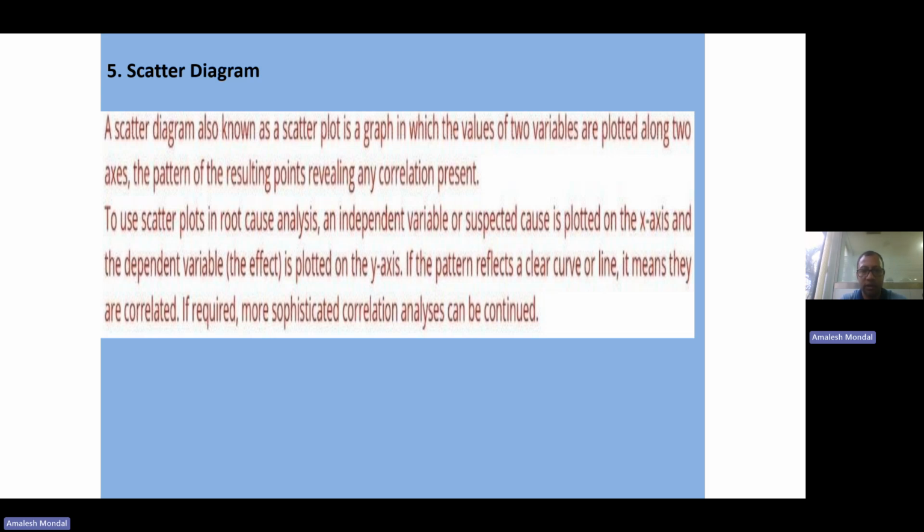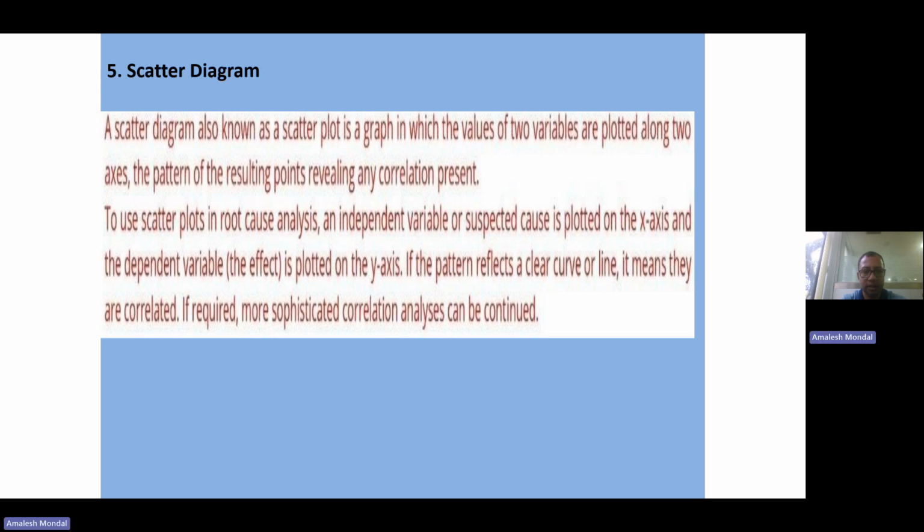To use scatter plots in root cause analysis, an independent variable or suspected cause is plotted on the x-axis and the dependent variable, the effect, is plotted on the y-axis. If the pattern reflects a clear curve or line, it means they are correlated. If required, more sophisticated correlation analysis can be continued. This is the scatter diagram.